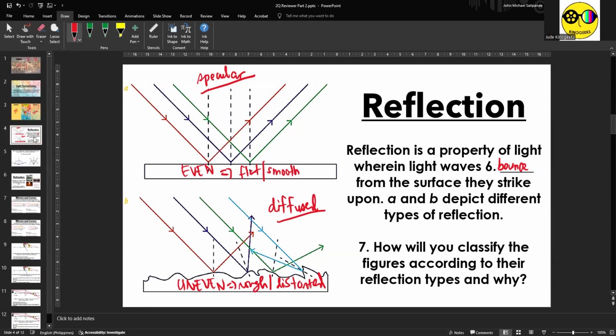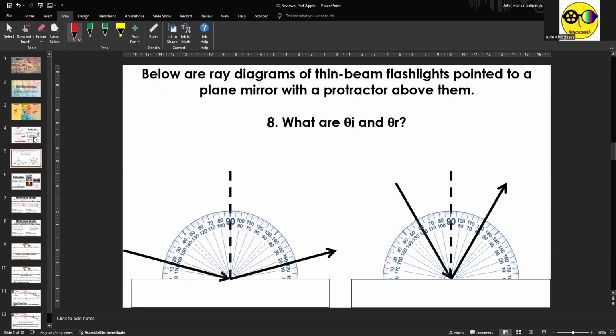Now, speaking of specular reflection, below are ray diagrams of thin beam flashlights pointed to a plane mirror with a protractor above them. The question is, what are theta I and theta R? These two diagrams are offshoots of specular reflections because our surface, which is a plane mirror, is considered even, flat, or smooth.